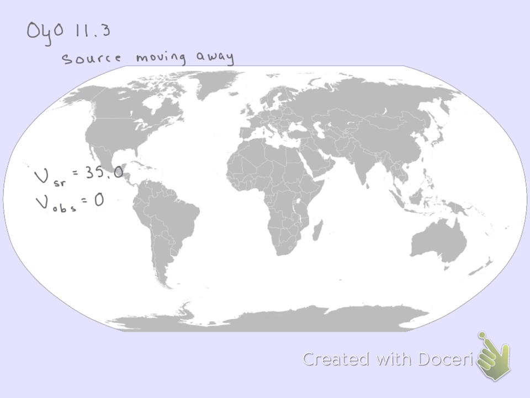The train blows its horn, which has a true frequency of 411 hertz. Okay, 411 hertz. What is the frequency that the man will hear? And the temperature is 25.0 degrees.